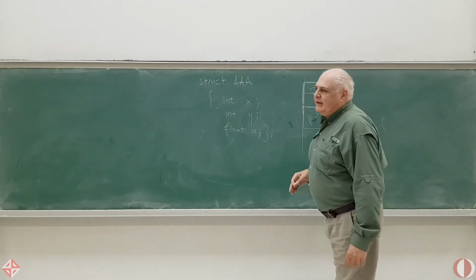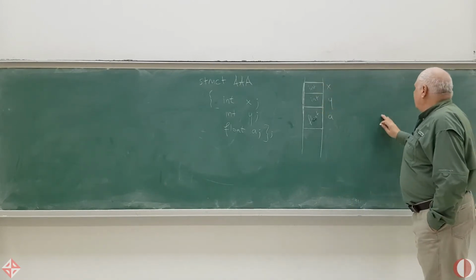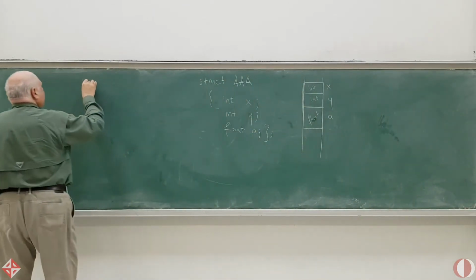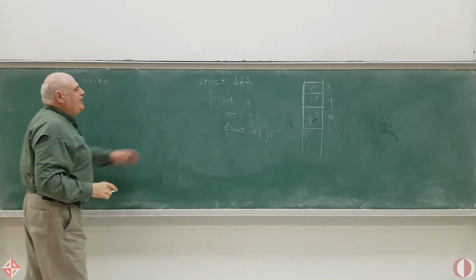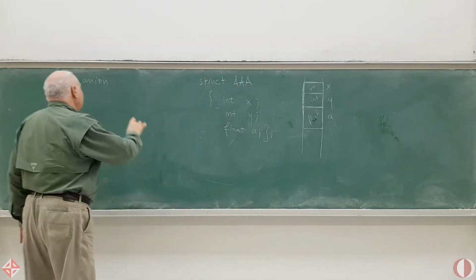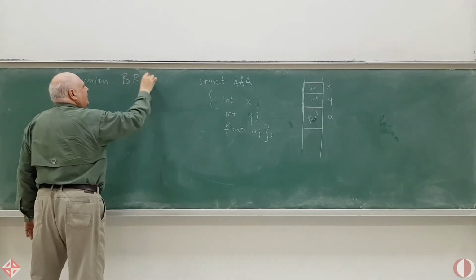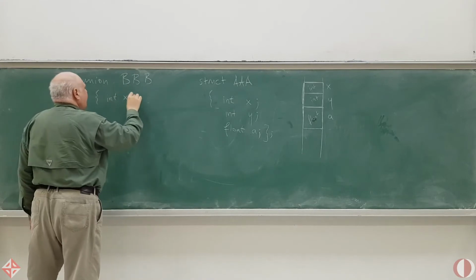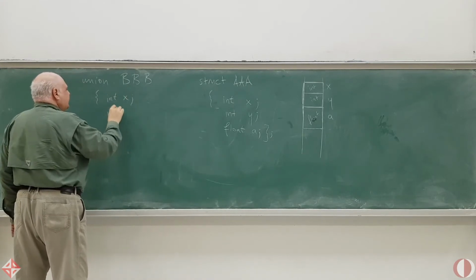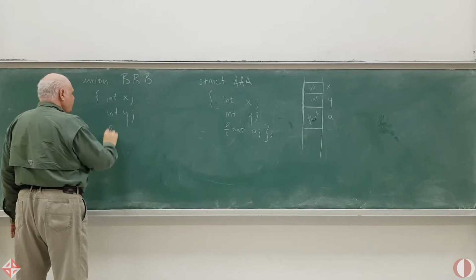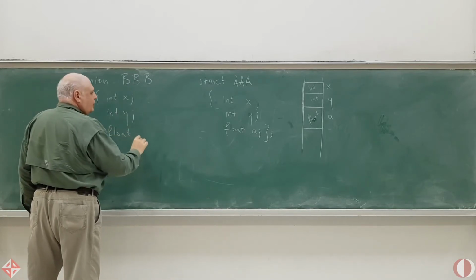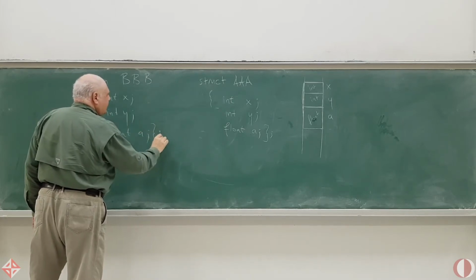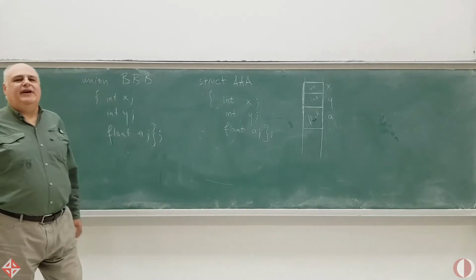If we switch over to a union and keep everything the same, same fields, integer x, integer y, float a, the memory organization changes.